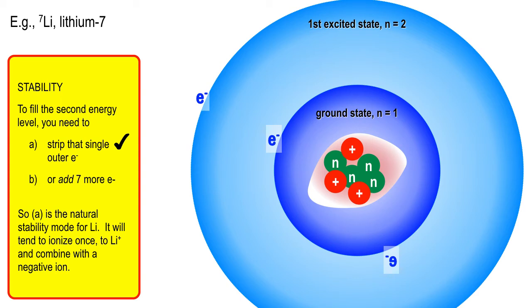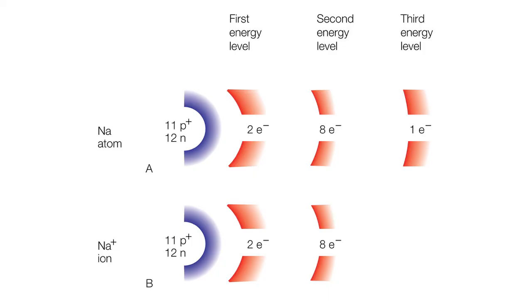You strip that outer electron, fairly easy to do, and it becomes a lithium plus ion. And then it will combine and be attracted to a negative ion. Right? And when you take away that outer electron of lithium, now you're down to the outer orbital that looks like neutral helium.